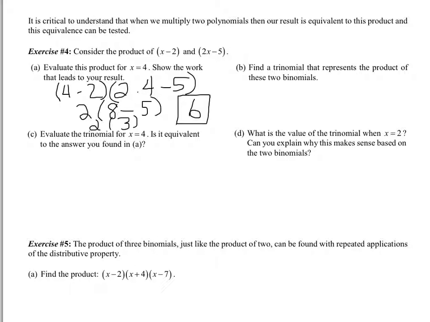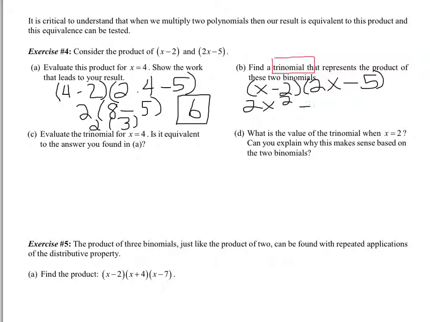Now in part B of this example, notice the word trinomial. They want me to express this as a trinomial, which means they actually want me to multiply. So again, I can do double distributive. I can do the FOIL method. I'm going to choose right now just to quickly do the FOIL method. Again, double distributive is great, but I'm going to end up with a 2x squared.